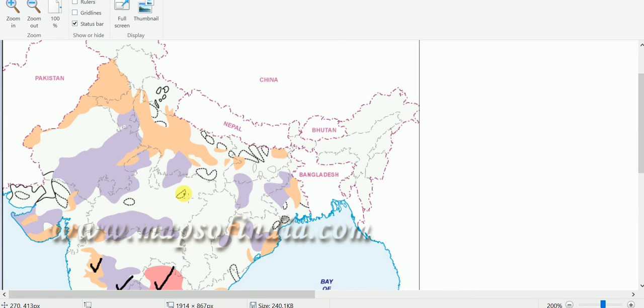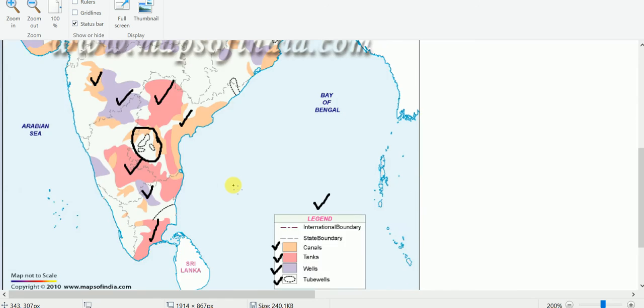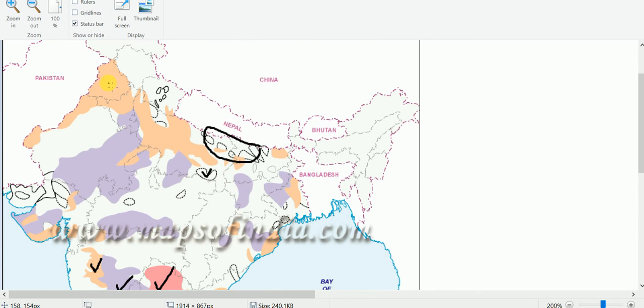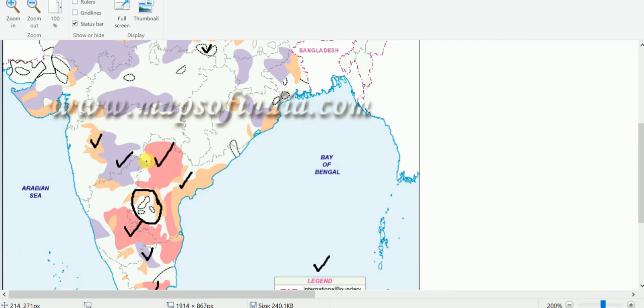Likewise in North India, here in the UP and Bihar area we find tube well irrigation, and here in Punjab, Haryana and western UP we also find canal irrigation.